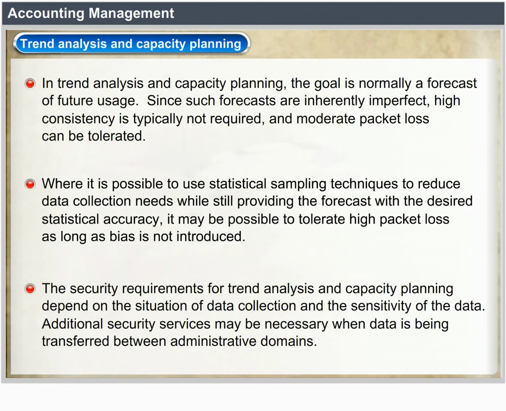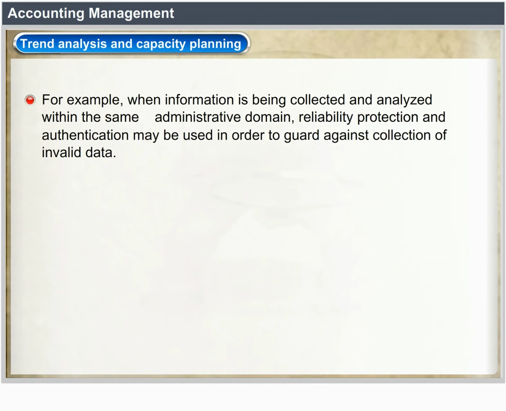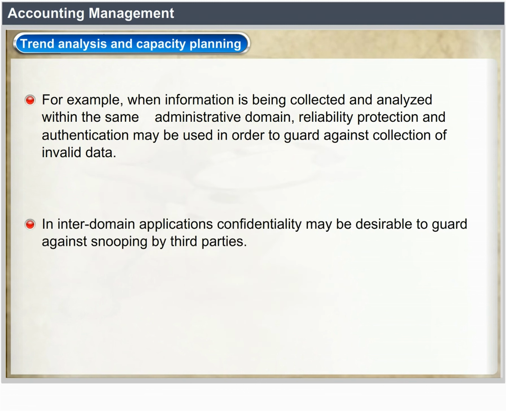Additional security services may be required when data is being transferred between administrative domains. For example, when information is being collected and analyzed within the same administrative domain, integrity protection and authentication may be used in order to guard against collection of invalid data. In inter-domain applications, confidentiality may be desirable to guard against snooping by third parties.